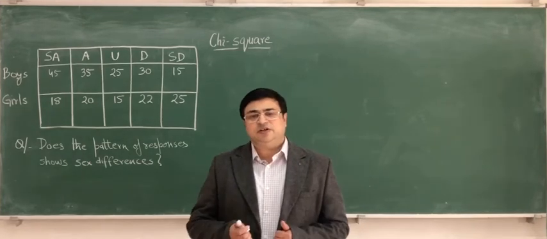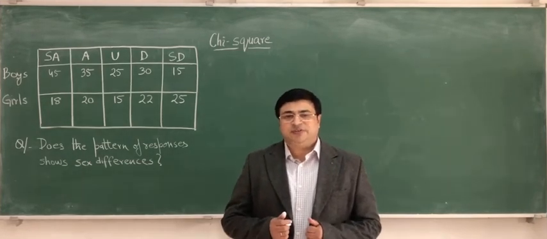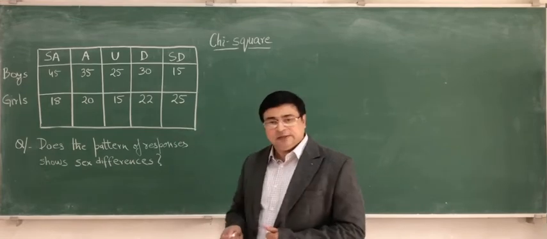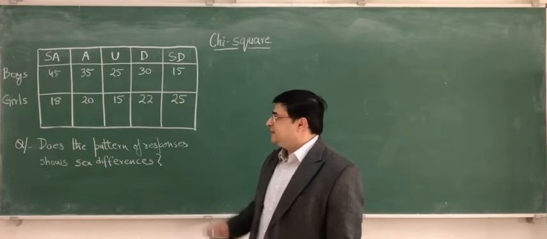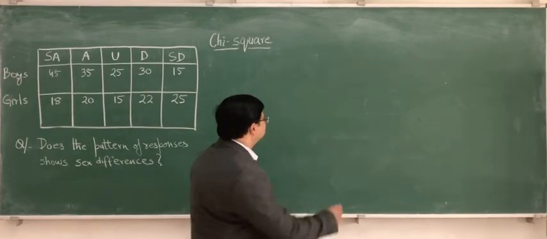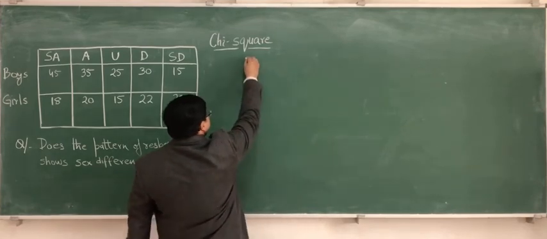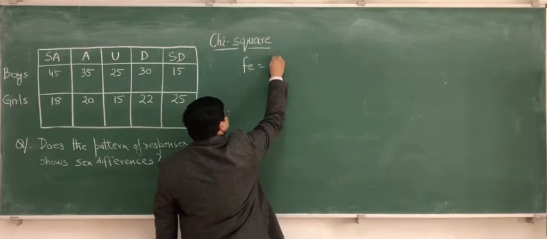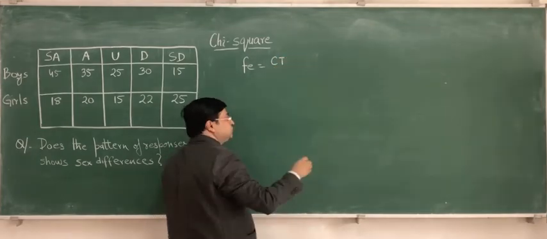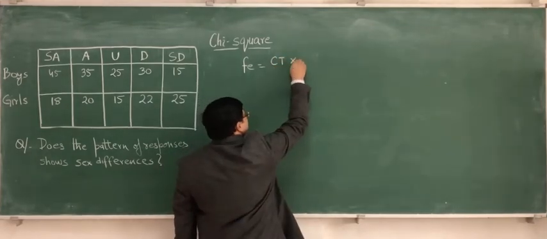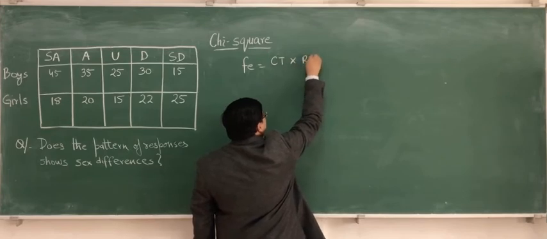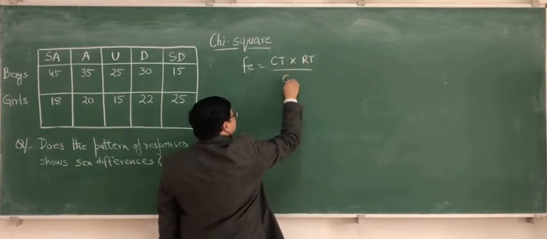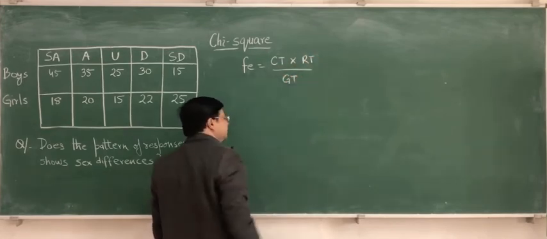Now we have to find out the expected frequency for each cell. For that, the formula is CT, that is column total, multiplied by row total upon grand total.